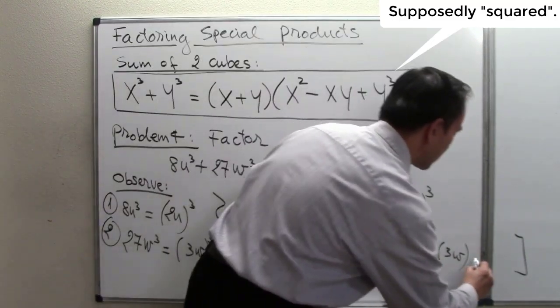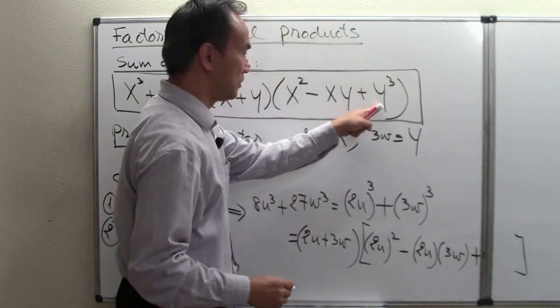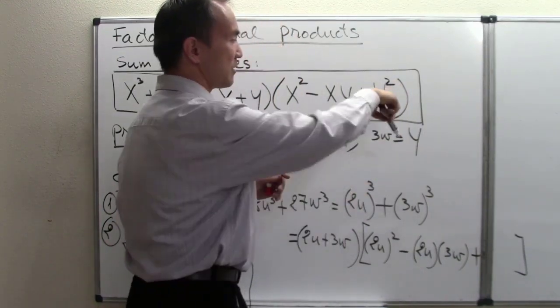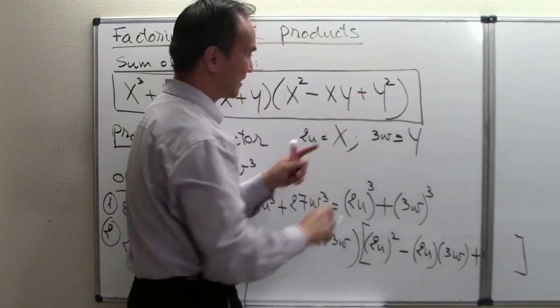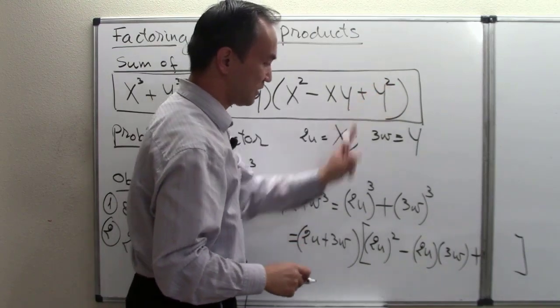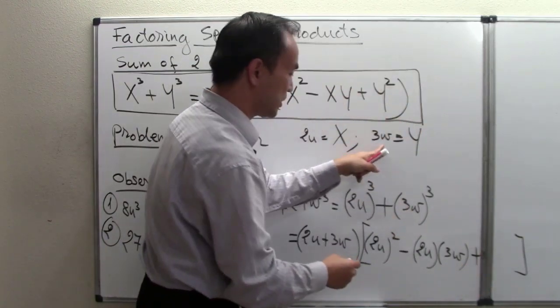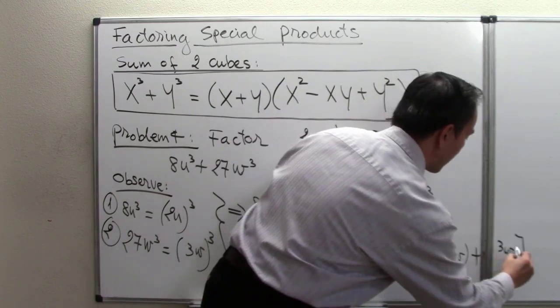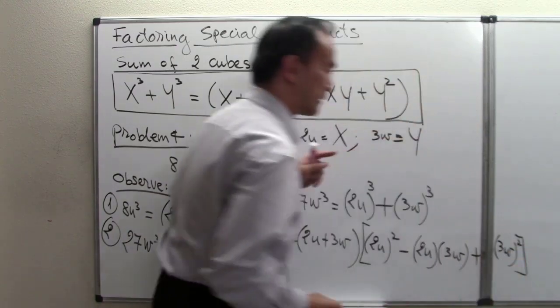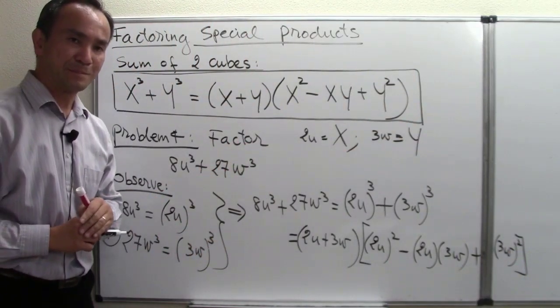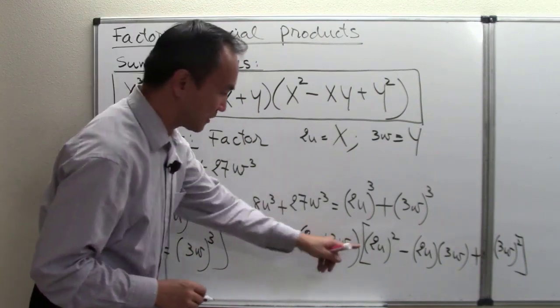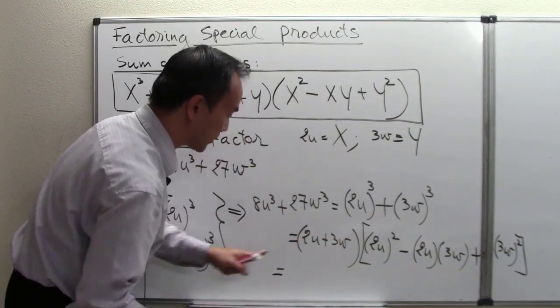And then plus. Now in my formula I realized I had a typo right here. So y squared, but y is 3w, so it's 3w all squared. All right, and now with that, I'm simply going to rewrite it.